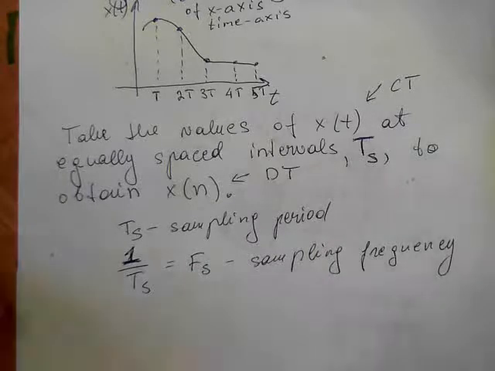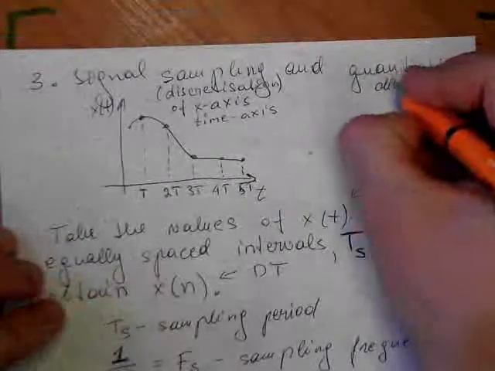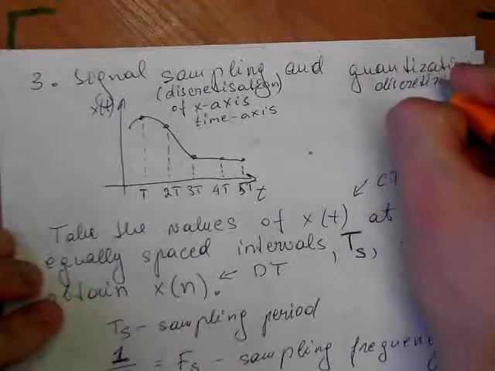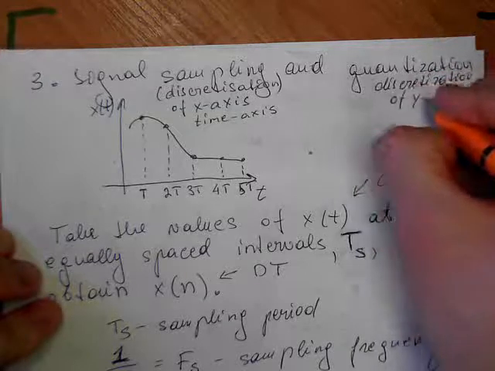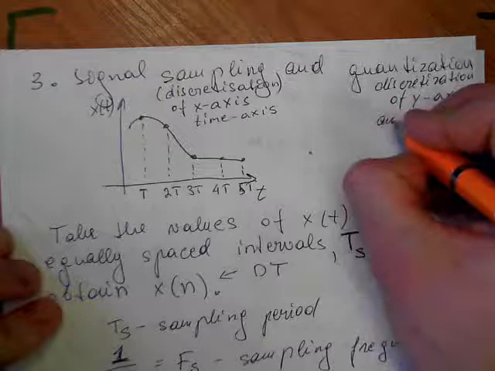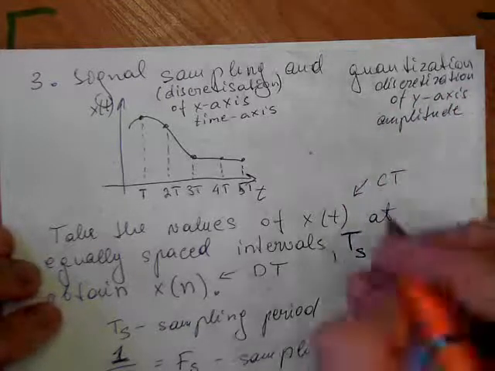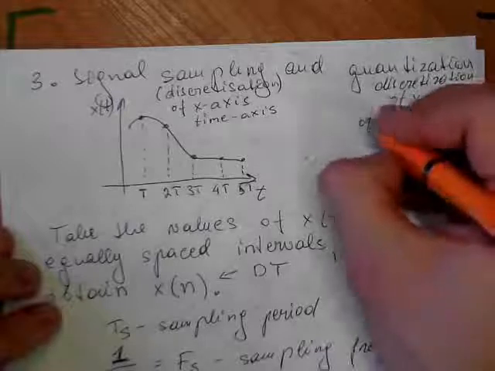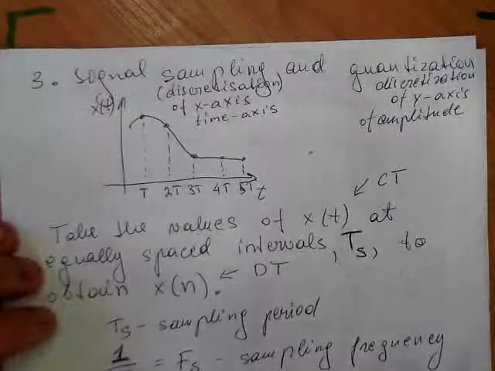And what's next? Next is quantization. Quantization is the discretization of the y-axis, or discretization of amplitude. Synonyms.